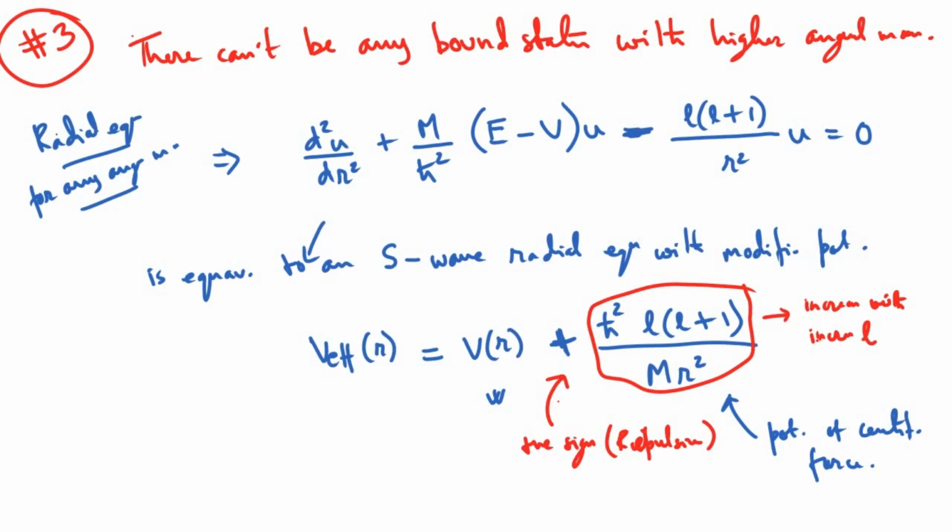So since this increases with increasing L, this means that the binding energy of the lowest bound state for a given L decreases as, let me write it down. Yes.